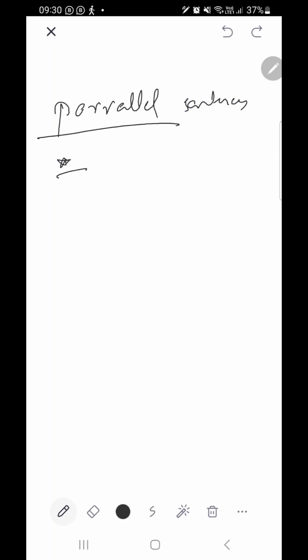Now we have to understand the concept of parallel sentences. What are parallel sentences? We can use the same form of the verb, the noun, the gerund or preposition.